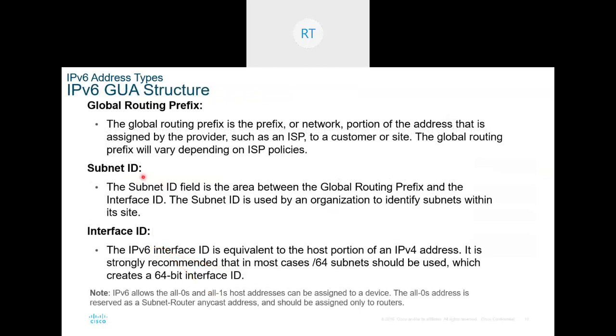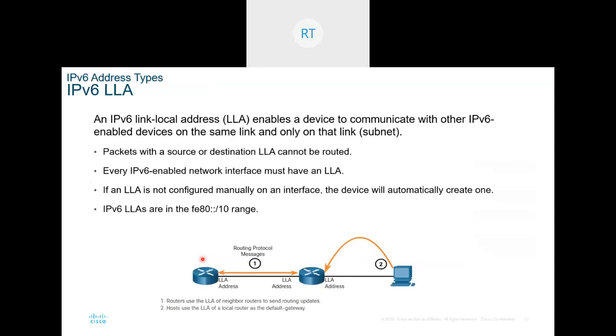So the subnet ID here is 16 bits and the interface ID remains 64 bits. Always. The interface ID is always 64 bits. It is always recommended that in most cases a /64 subnet should be used, which creates a 64-bit interface ID.